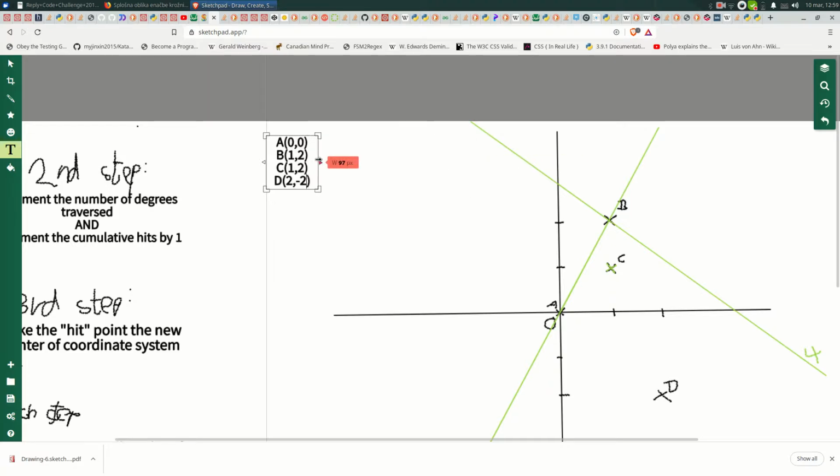That's about it. So those are the points at the first instance. They're over here.